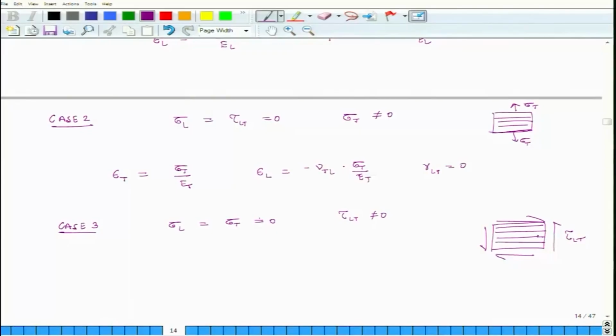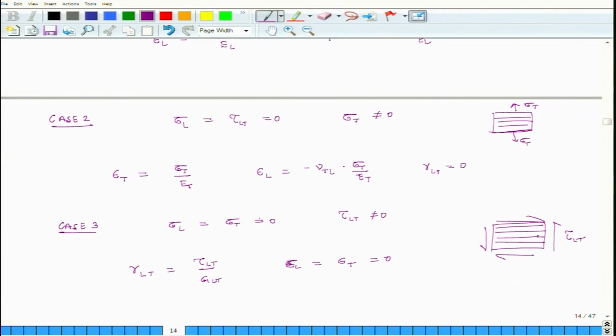So, this is a positive shear stress, this is our convention, and in this case gamma LT equals tau LT by shear modulus of the material, and the extensional strains in transverse and longitudinal directions, they are both 0 because of special orthotropy.